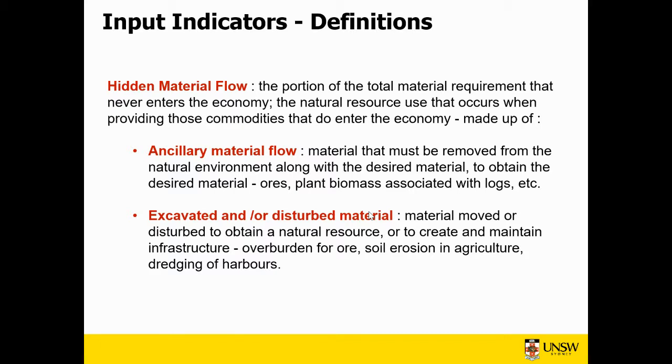So you cut the tree and you transport that tree somewhere, or maybe you transport only the log, but you will not use the whole tree. The branches mostly will be cut out. The leaves, of course, go with the branches, and the bark sometimes will not be used. But all of these things have been extracted from the natural environment, yet they don't get into the industrial process. They are discarded before the industrial process.